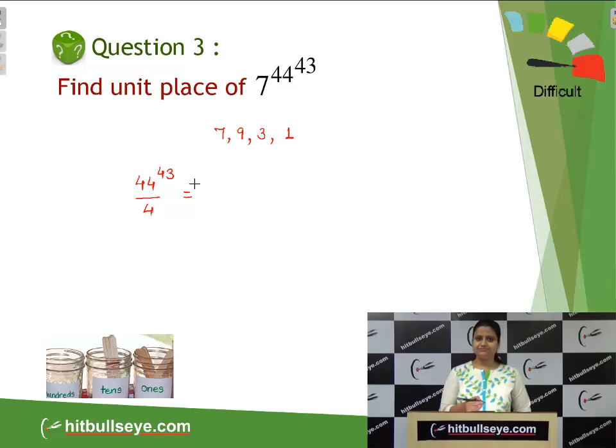As you can see, 44 is exactly divisible by 4, so this is nothing but a multiple of 4. And as we know, whenever we are getting a multiple of 4 in the power, the answer will be 1 always.